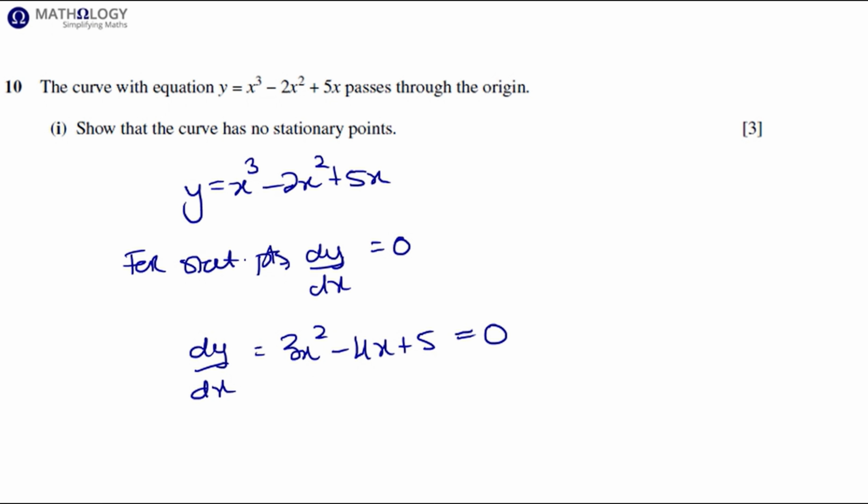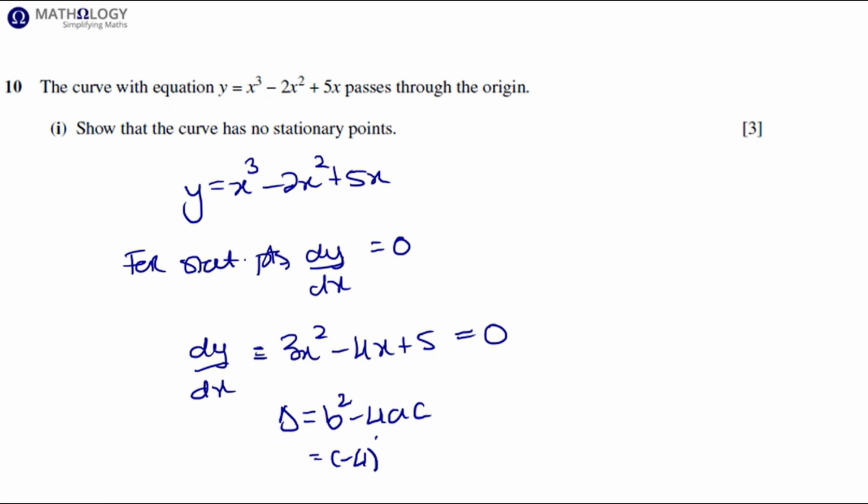Now, before we attempt to solve this quadratic, firstly, we were asked to show that the curve has no stationary points, so that should be a big hint that this will not have a solution. Regardless, we need to show that it doesn't have a solution. So generally speaking, when you're looking to find a solution for a quadratic equation, you always want to find the discriminant first. You don't want to waste your time trying to solve a quadratic that doesn't have a solution. So delta equals b squared minus 4ac.